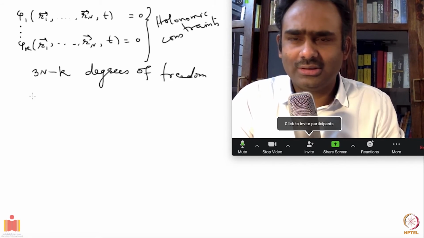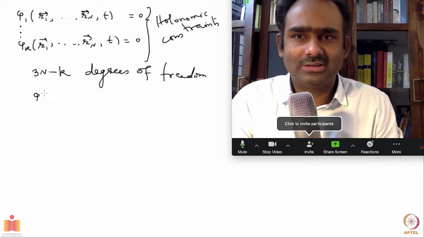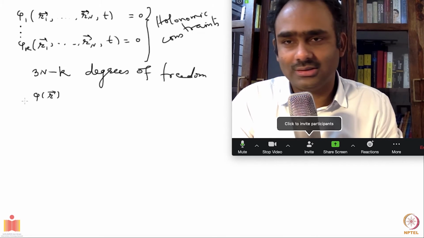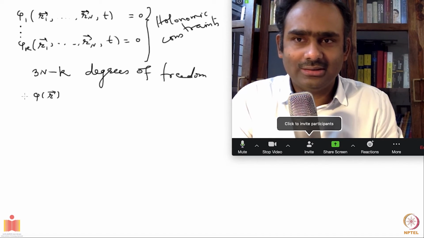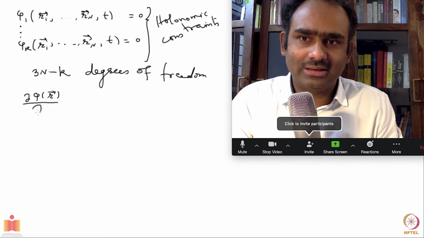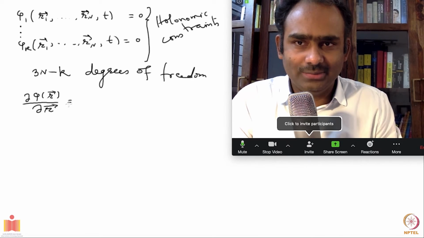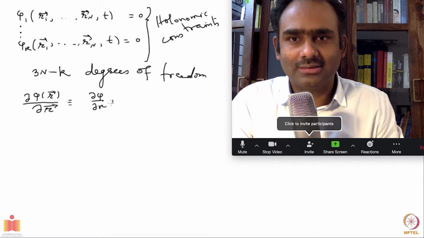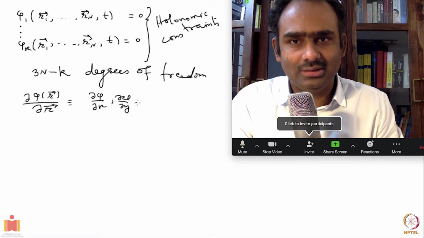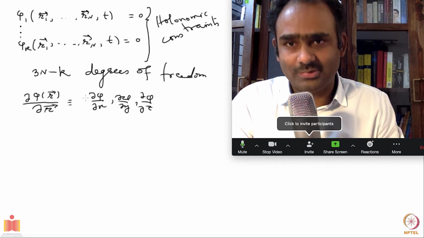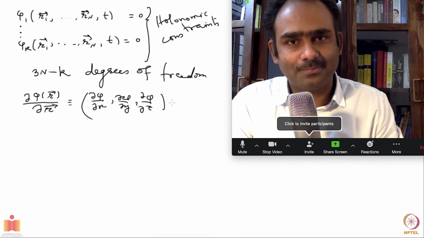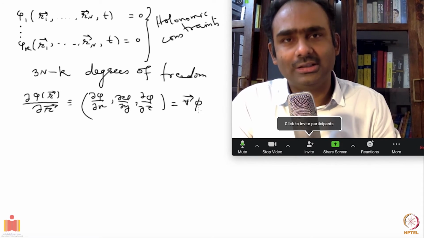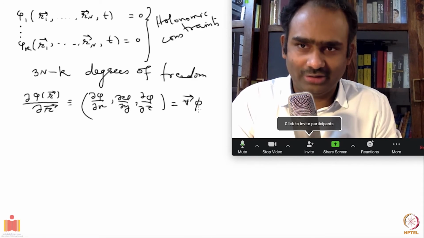Let's say you are given some function phi, which is a function of some vector r, which could be a position vector. Then if I write del over del r, what I really mean by this notation is delta phi over delta x, delta phi over delta y, delta phi over delta z, and this must be very familiar to you. This is nothing but the gradient of phi. And that's a very handy notation. So sometimes I'll use gradient of phi, or sometimes I'll use del phi over del r.